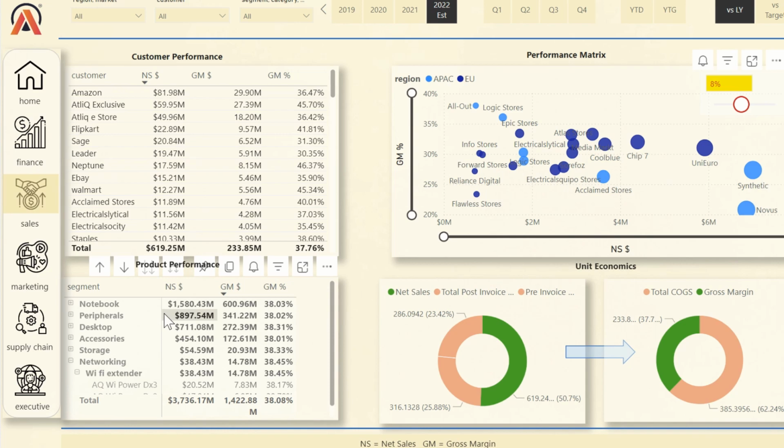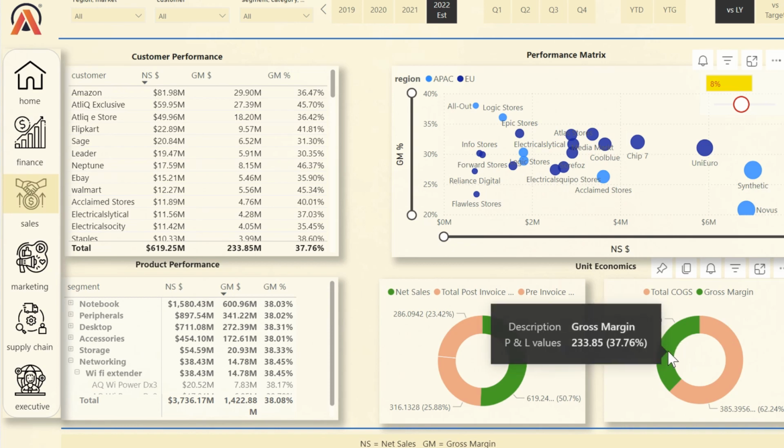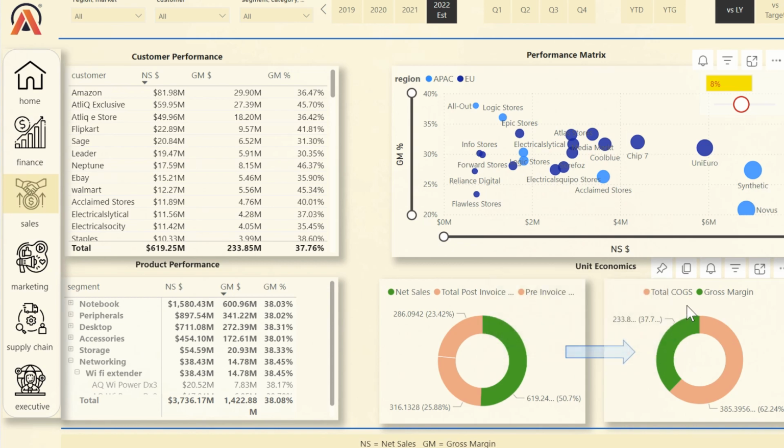Here is just a further drill down of the net sales in terms of segment, category, and product, like we did in the finance view. And here we have a donut chart. In here you can see that net sales is covering half of the donut, and from that total net sales, the gross margin is so small, and the total cost is too much, which is like 63%.